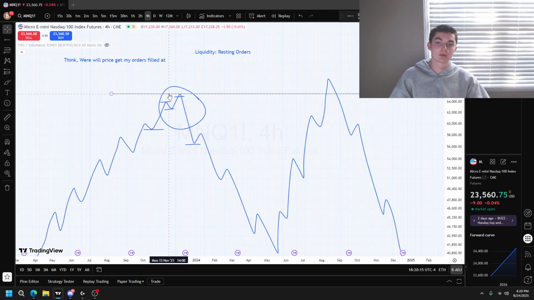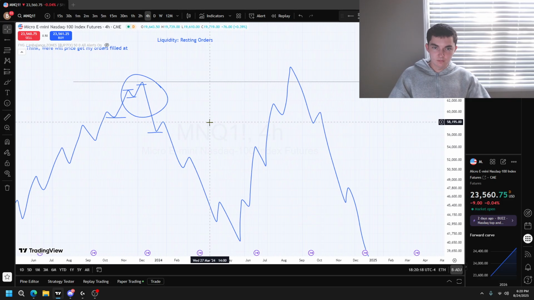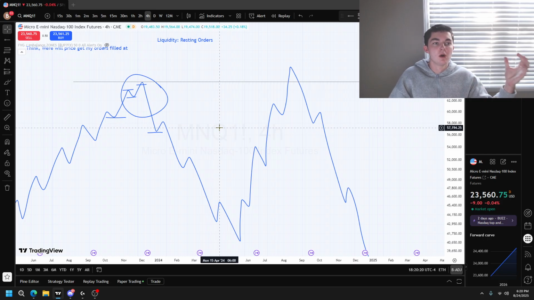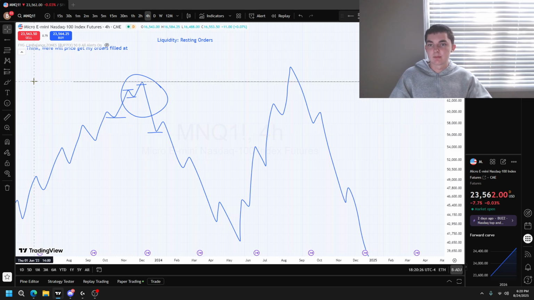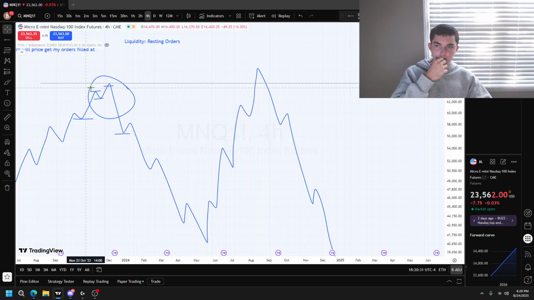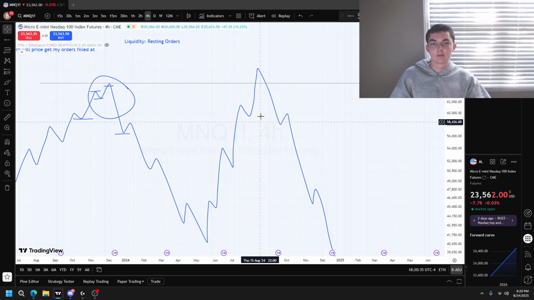So everybody went in short right here. They see that and think, in the future, where should I put my sell orders again? It would logically make sense to put them at the same point, because this is where they got filled before. So they put their short orders right here, and then price reverses again.